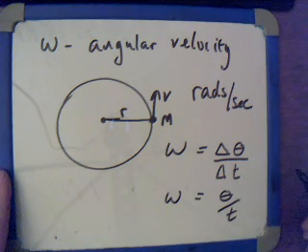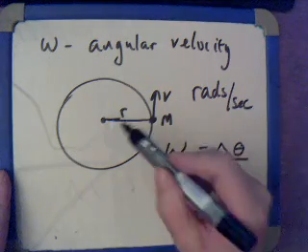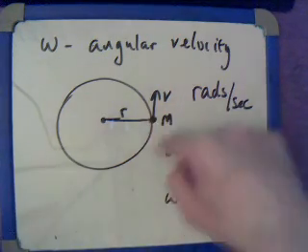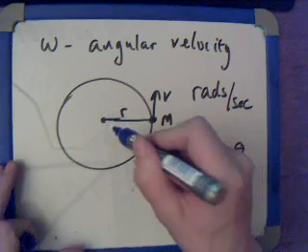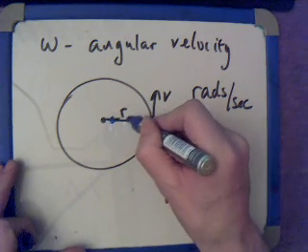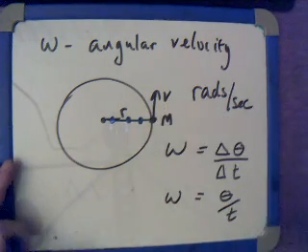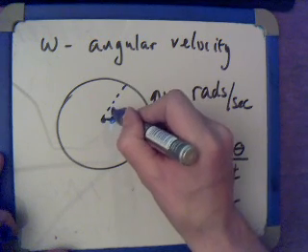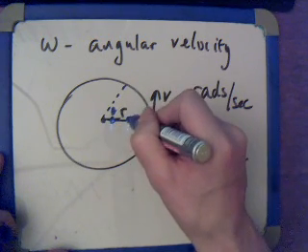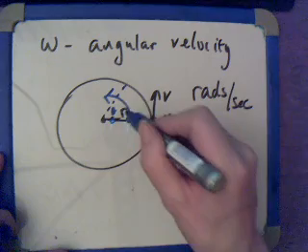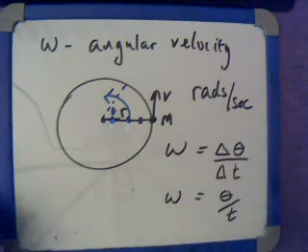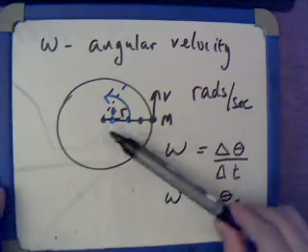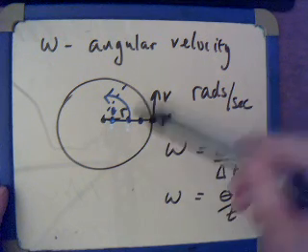Okay, now the angular velocity at every point, so imagine that's a string going round and round like that. The angular velocity at every point on the string there is going to be the same. It's marking out an angle theta there, so the angular velocity at every point on that string is going to be the same. However, the velocity will change. The further it is away from the center, the faster it is going.